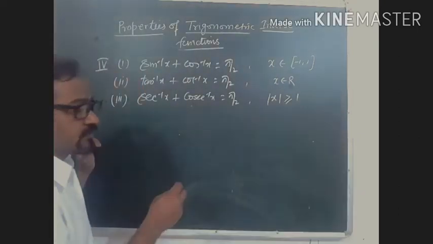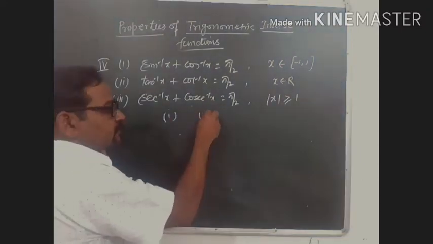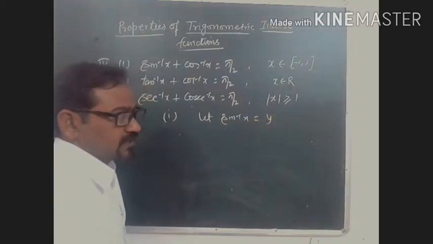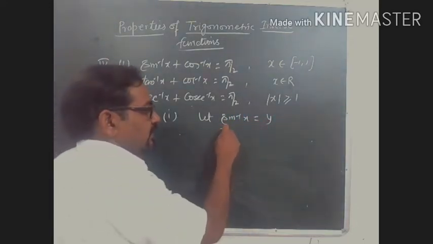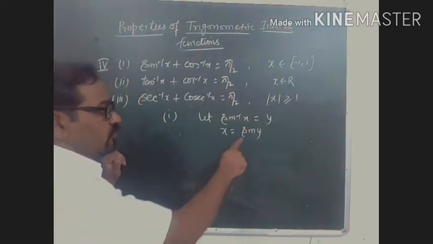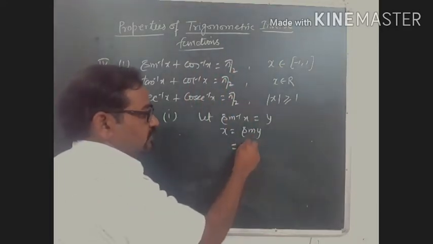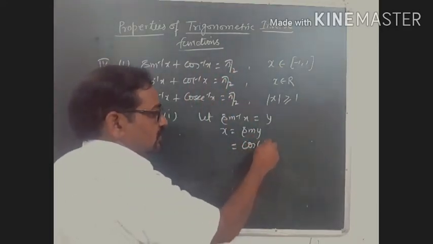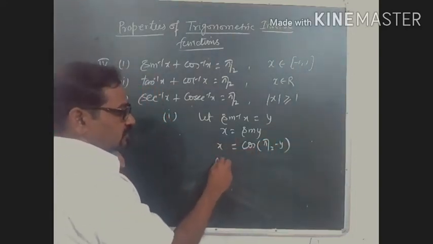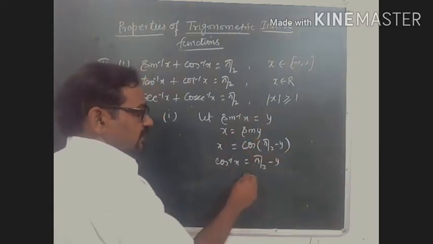For this also we prove only the first part. First part, let sin inverse x equal y. Then x equals sin y. For this property we have to convert into cos. Since we know that sin y is cos of 90 minus y, therefore cos inverse x equals 90 minus y, and y is sin inverse x.